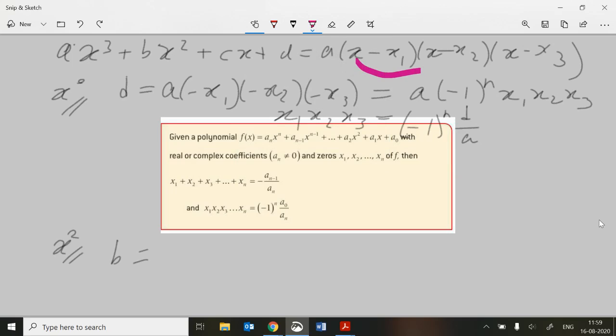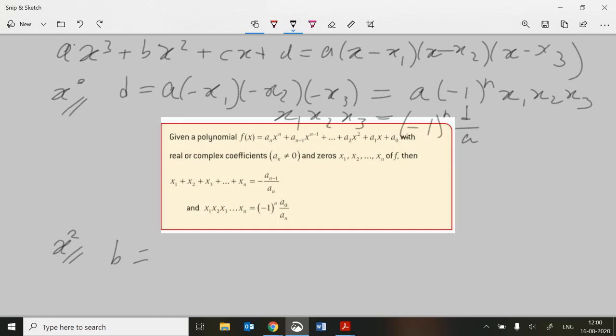Well, let's think, how do we get out x squared? We can do x times x times minus x3. That's one way. We can do minus x1 times x times x, that's a second way. Or we can get out x squared by doing x times minus x2 times x, that's our third way. So there's three ways of getting this.